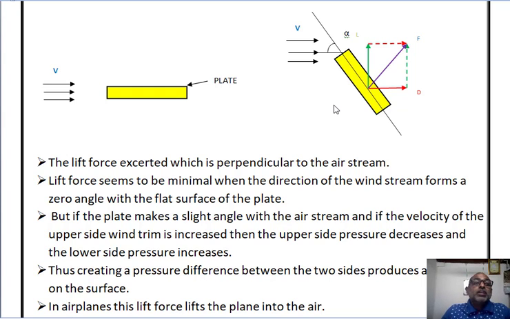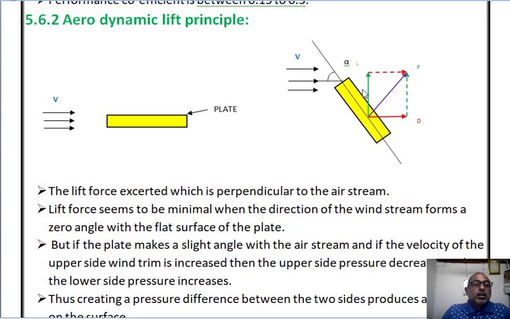The angle created between the air stream and the plate is called the angle of attack. It is most important. Nowadays horizontal axis type wind turbines are used.